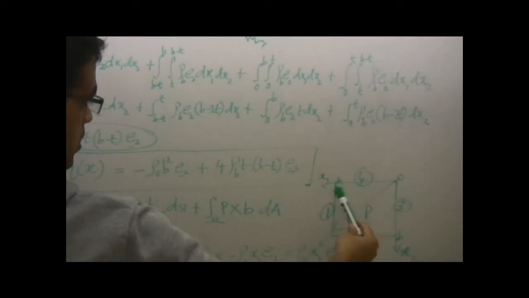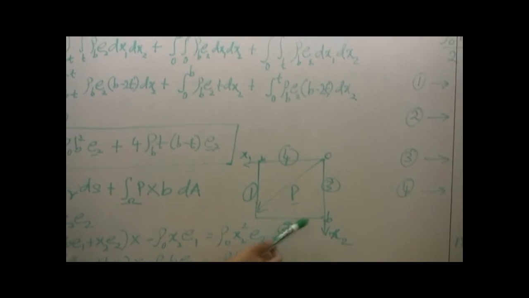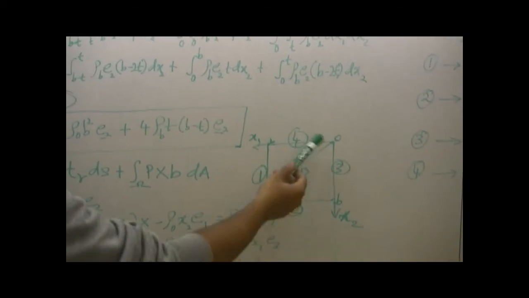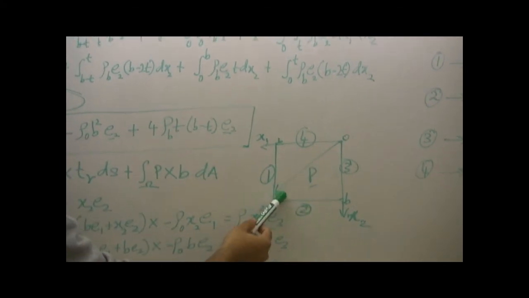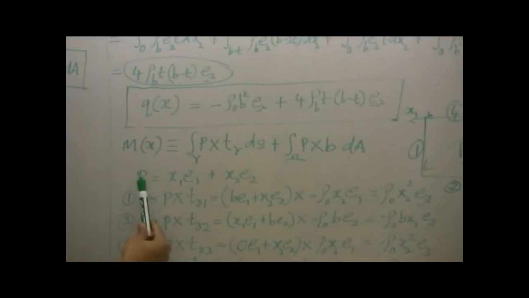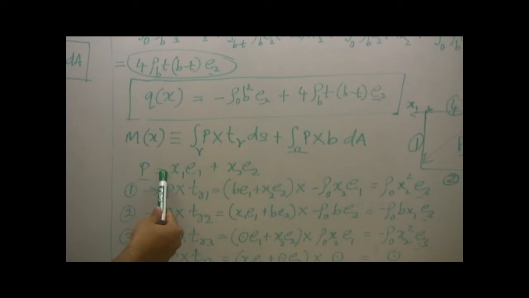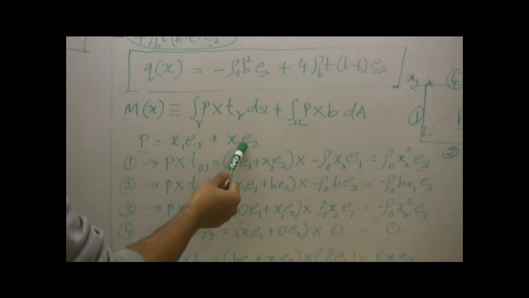Similarly to our above figures, these are our surfaces 1, 2, 3, and 4. Each one of the surfaces has equal width, and this is our position vector. The position vector P, the general form is x1e1 plus x2e2.